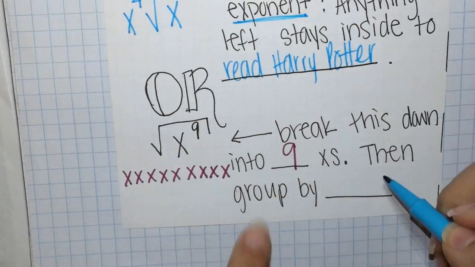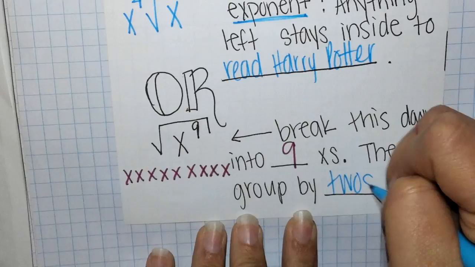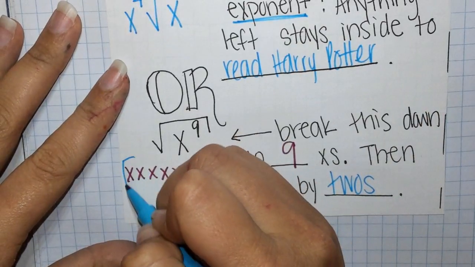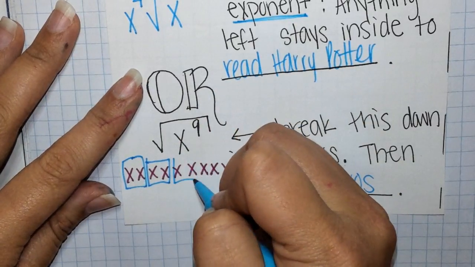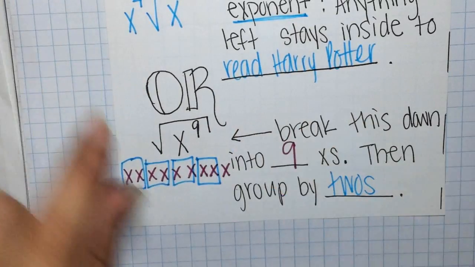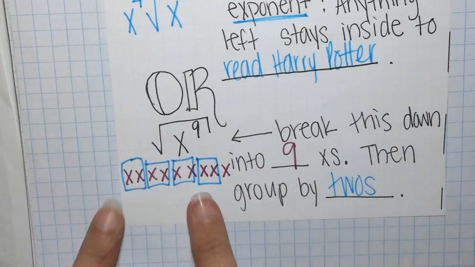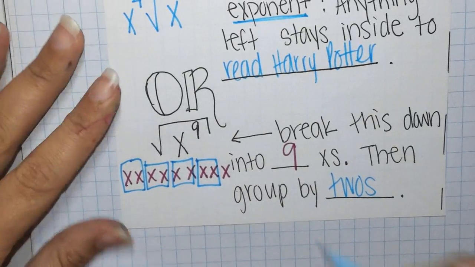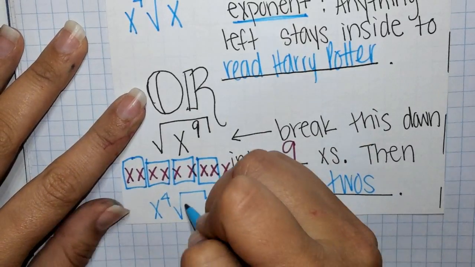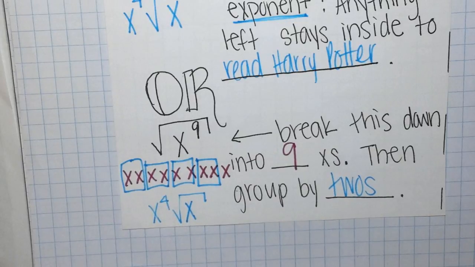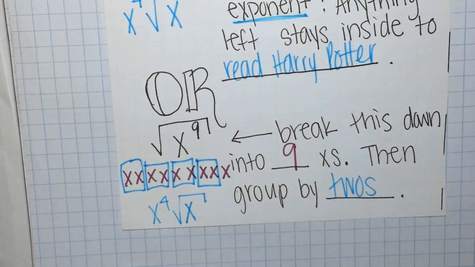So we're going to group them by 2's. So that means we have 1 group of 2, 2 groups of 2. How many groups do we have right here? 4. And that's why we wrote x to the 4th. How many's left over? 1. And that stays inside to read Harry Potter. If you can't divide easily, if it doesn't make sense, you can do it visually. So I'm showing you 2 different ways. You ready to practice?